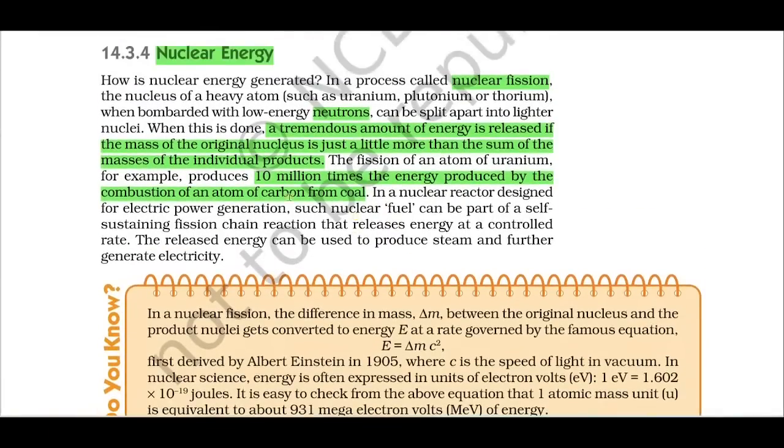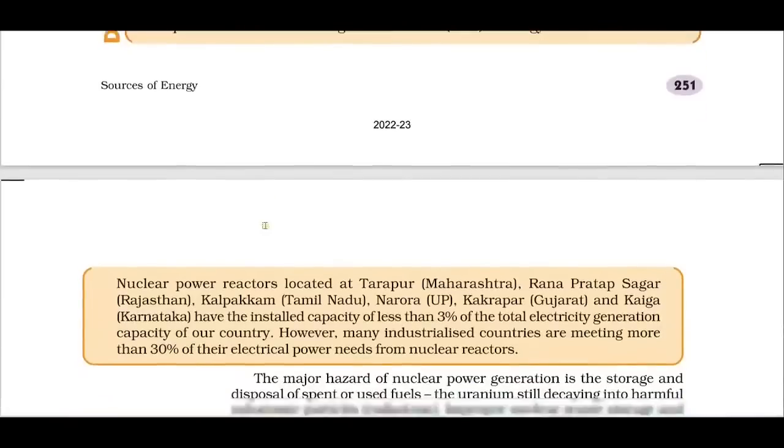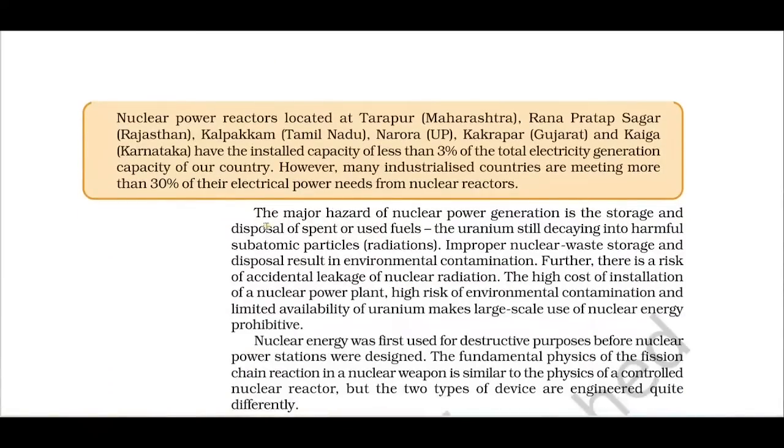There are many advantages of nuclear energy, but the major disadvantages of nuclear power generation are the storage and disposal of nuclear waste, because the radiations produced by these uranium atoms are very harmful.